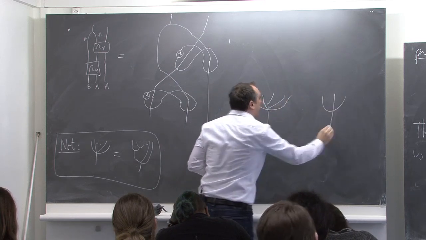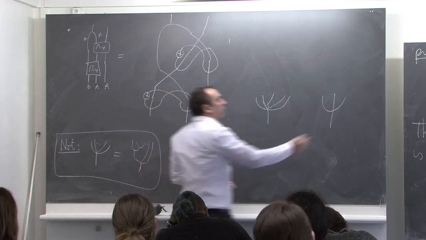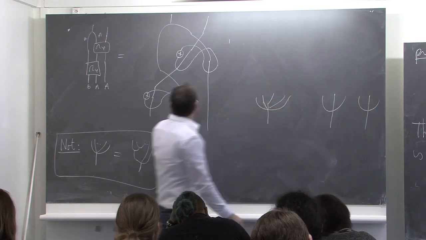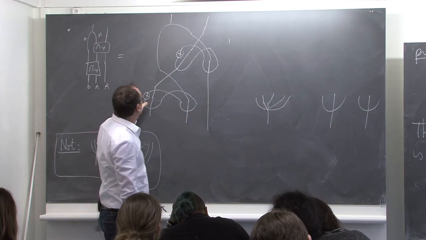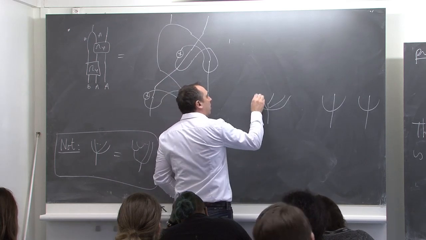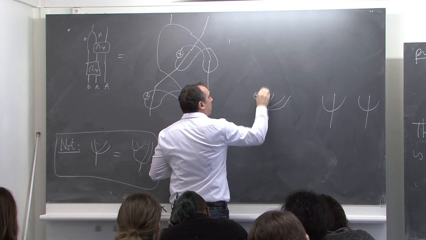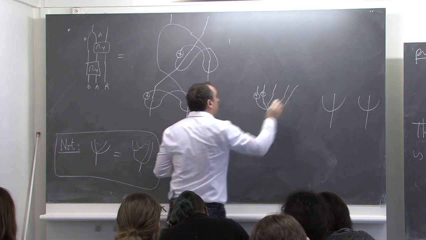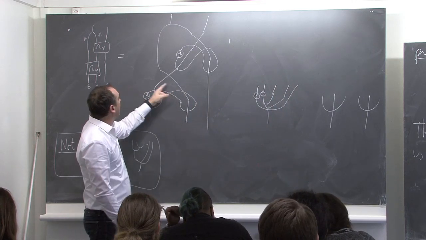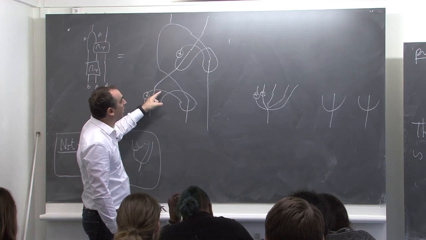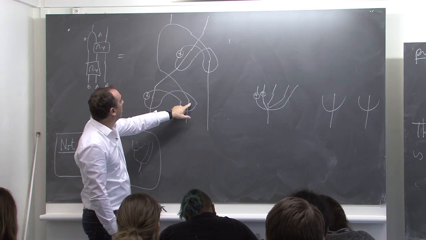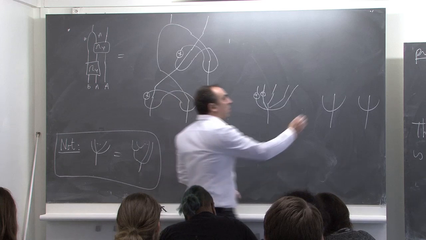And here I have 3 and 3. Now I have plus plus here. Then the two middle, I multiply them.